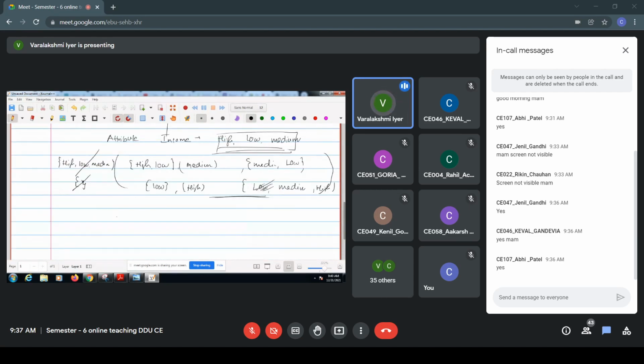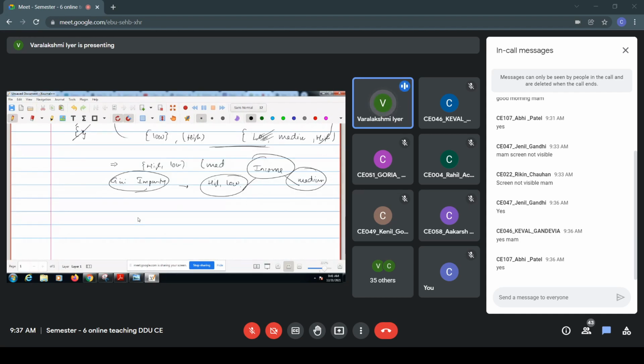So how will you perform the split? For example, you are performing the split on income. One branch will contain the values high and low, and another branch will contain medium, and if you perform the split like this, you find the Gini impurity of the system.